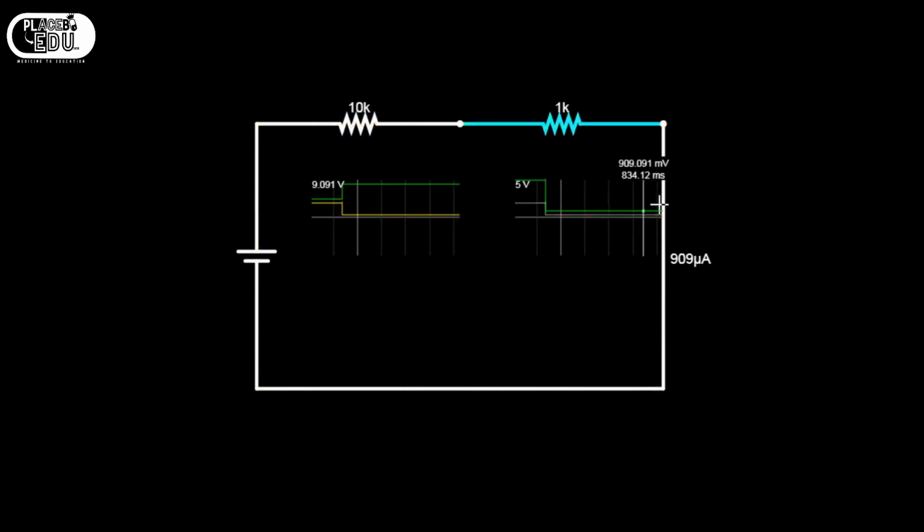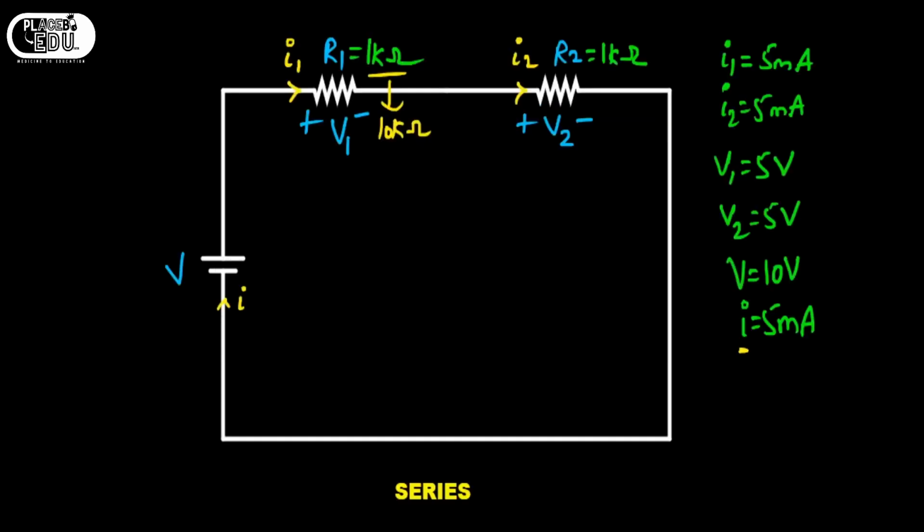I stopped the simulation. See here, the voltage across the 10 kilo ohm resistor is nothing but 9.09 volts. Before that it was 5 volts, but it changed to 9.091 volts. And the voltage across the 1 kilo ohm resistor changed from 5 volts to 909.091 millivolts. Understand?